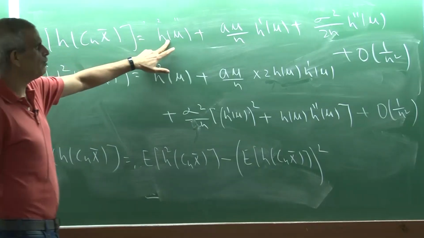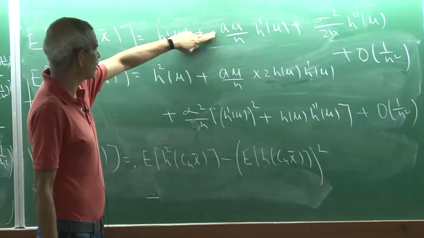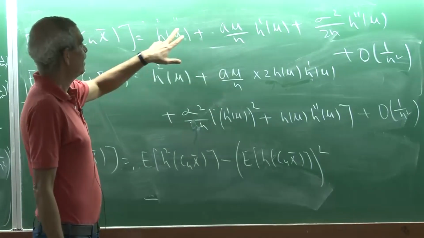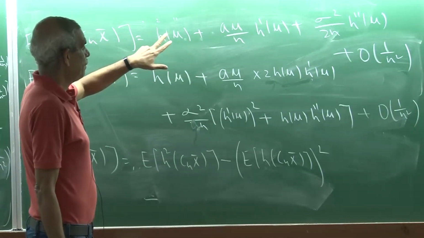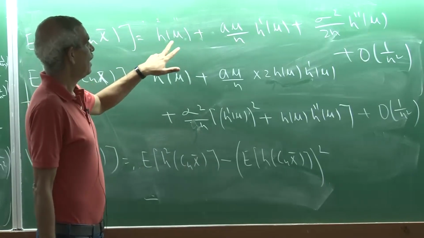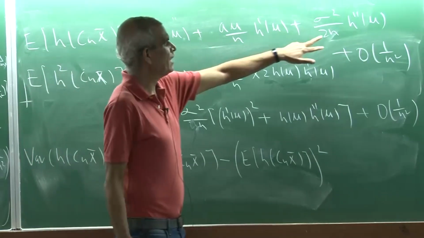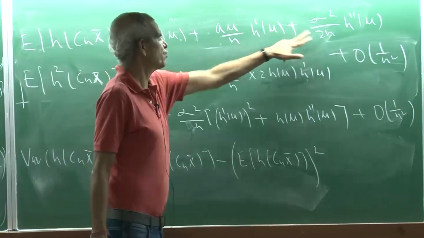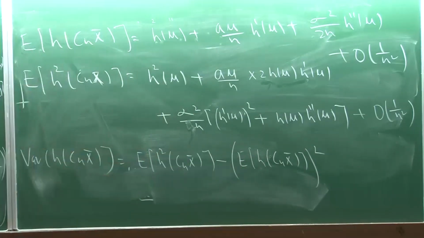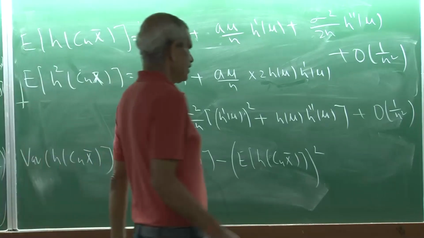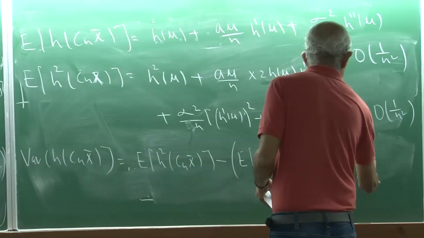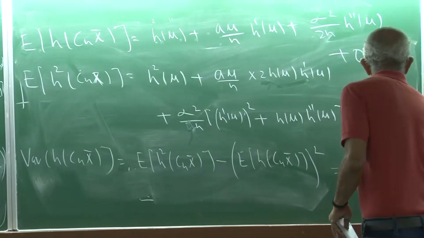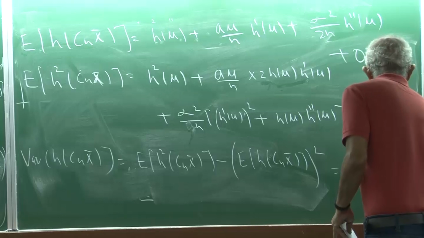Square of this would be h square mu plus twice cross product term would come, and that gets cancelled with this. And plus twice this will come, so sigma square by n h double prime mu would come. This with this cross product will be little o n square and so on. So this would be nothing but sigma square by n h double prime mu whole square plus big O 1 upon n square.